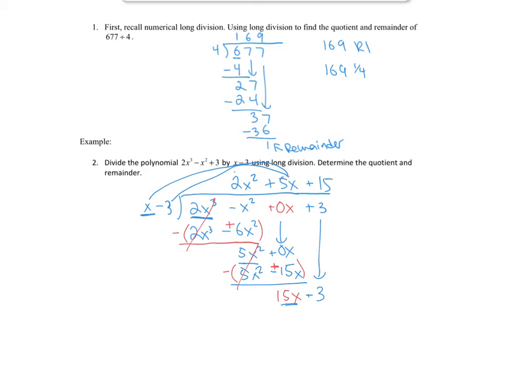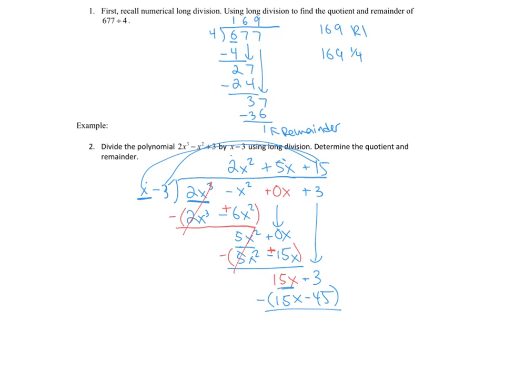Then I multiply 15 by x and 15 by minus 3. And we get 15x minus 45. Now I subtract. The 15x's cancel. I distribute that negative. This becomes a positive, and 3 plus 45 is 48.